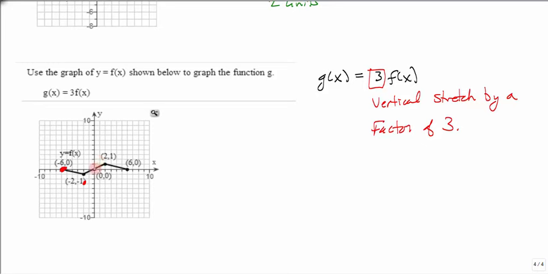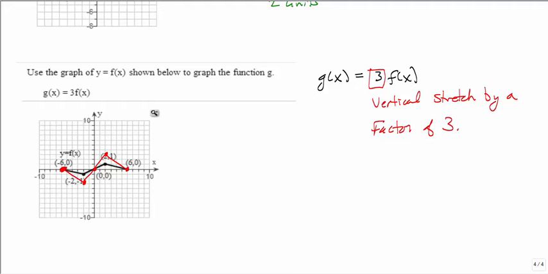Here, 0 times 3 is still 0, so that stays. 1 times 3 is 3. And then 1 times 3 is 3. So when I connect these, you can see all I've done is I've taken the maximum and minimum points and kind of just pulled them straight up by a factor of 3. So again, horizontal movement, I work with the x values. Vertical movement, I work with the y values.